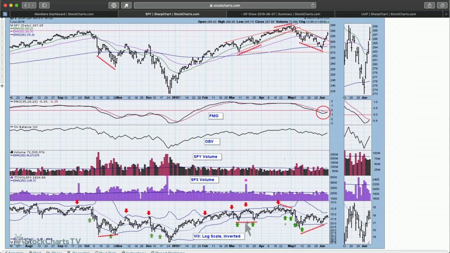You've got equal lows against a higher high. And then going back to October, you've got prices going lower, and we have a repeat of what we just saw. We have a higher VIX high, and I say high based on the presentation here, not by the number.